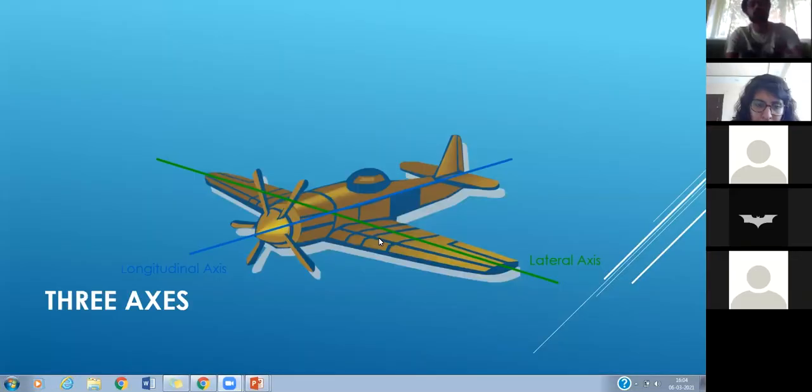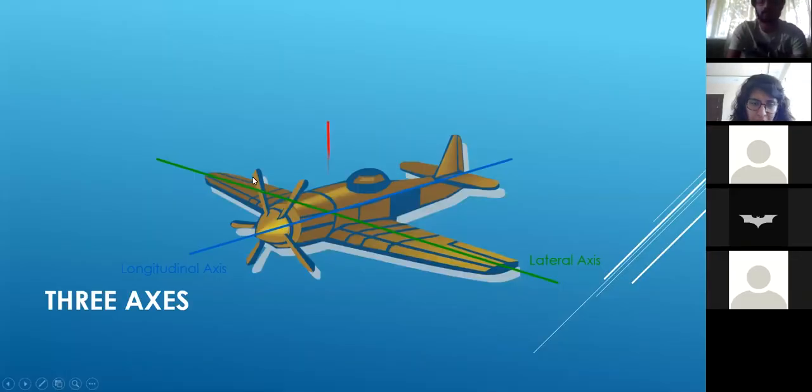And the last one is the normal axis. So this is essentially the vertical. The normal axis goes through here.